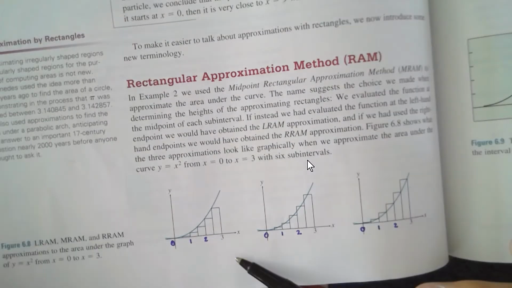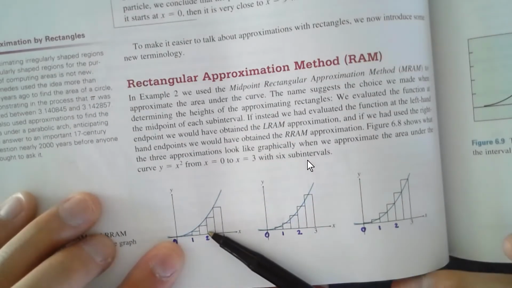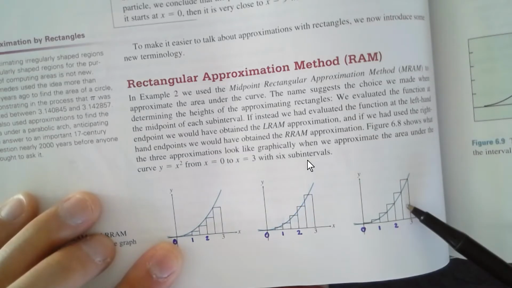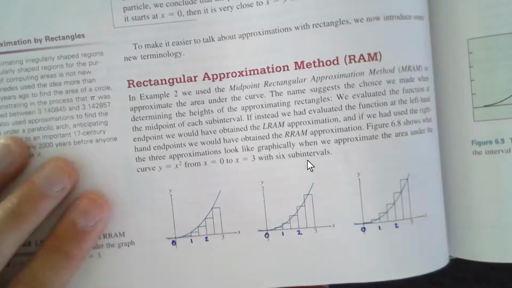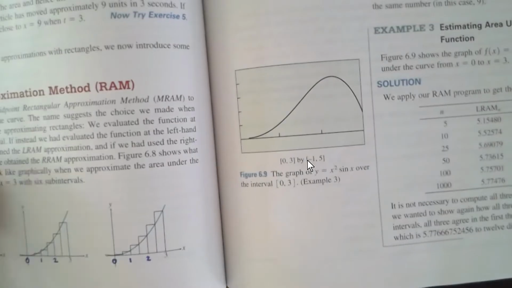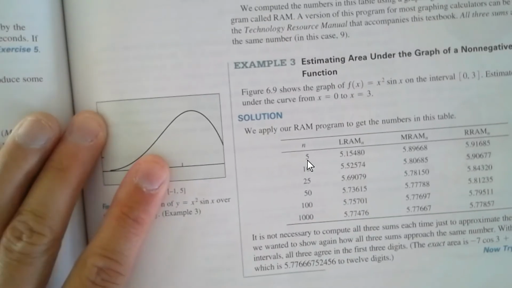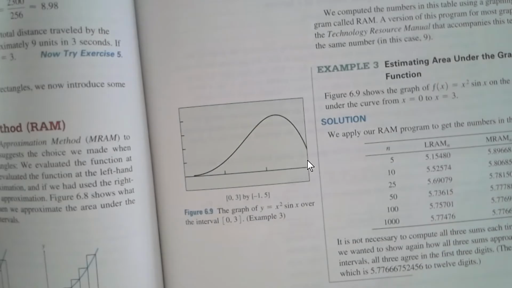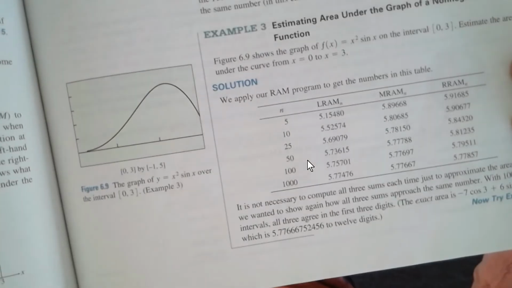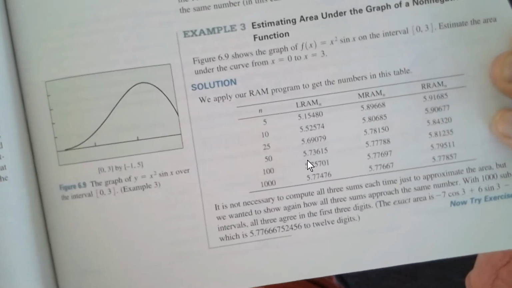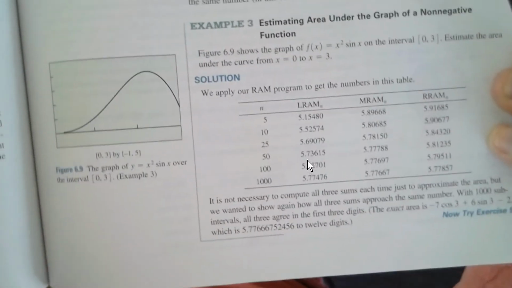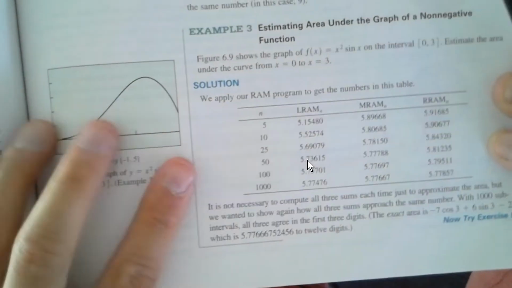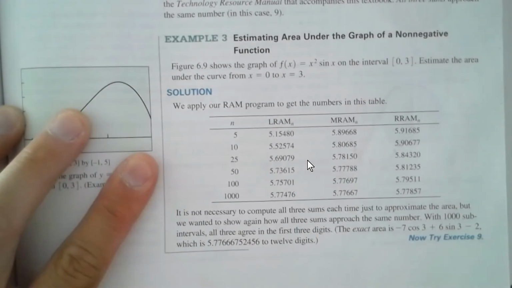Same idea with underestimations, overestimations, and middle of the road estimations. It's the same thing. Now, what I want to discuss is that at some point in your book, they actually have a calculator program that you can read through to see how to program this.